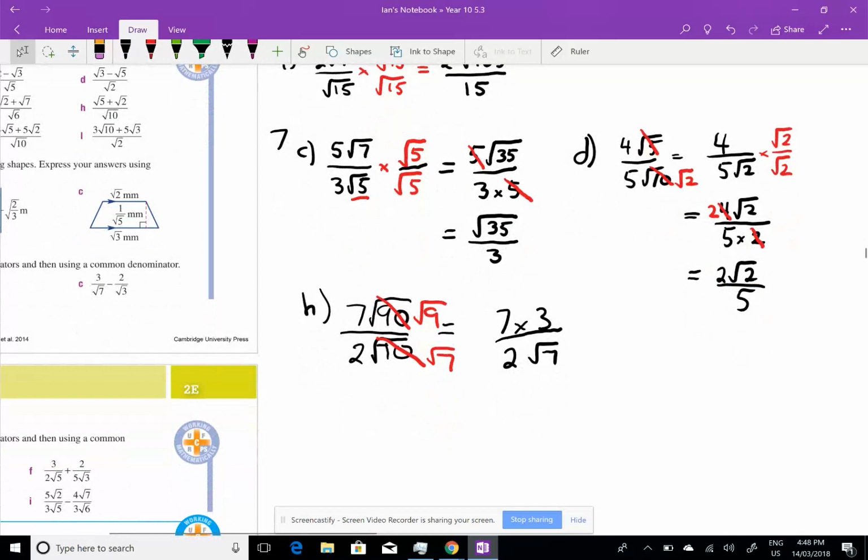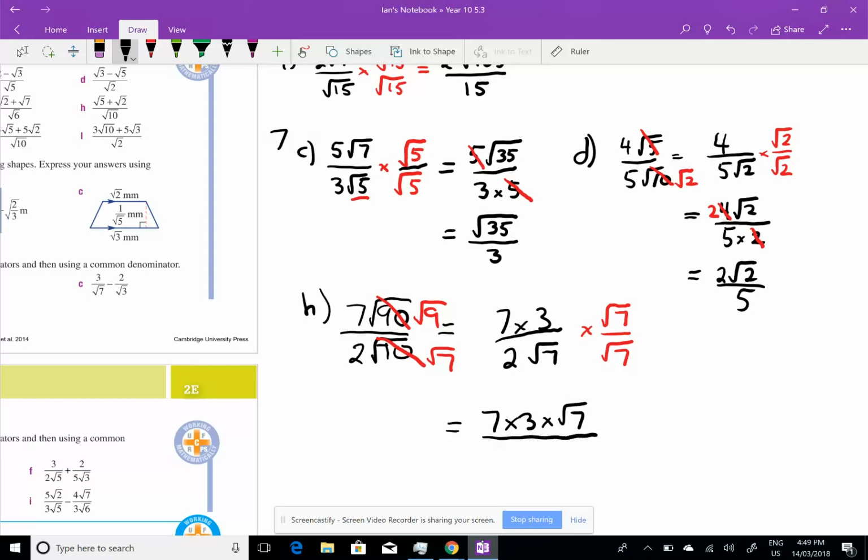Okay, so now what do I do? Well, Mr. Tonk, the first thing you should do is do that 3 times 7. Now I'm looking ahead at what's going to happen when I do that root 7 times root 7 on the bottom. You watch what happens. So I've got 7 times 3 times root 7.